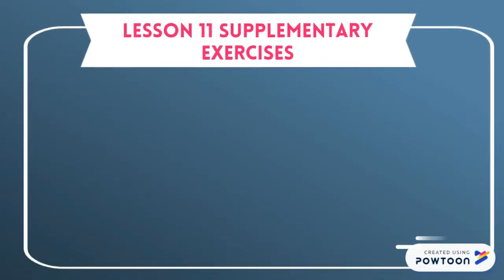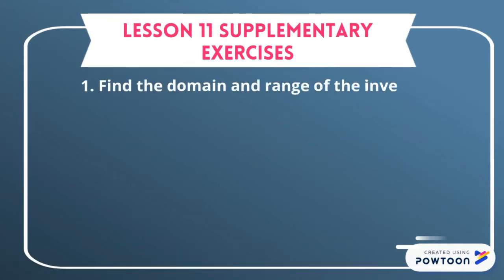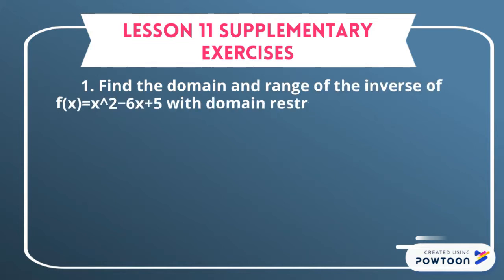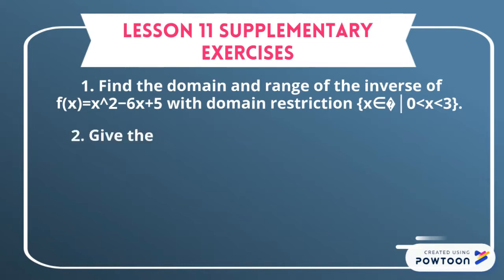Exercises. Number 1. Find the domain and range of the inverse of f of x is equal to x squared minus 6x plus 1 with the domain restriction x is an element of R such that x is greater than 3 but less than 0. Number 2.